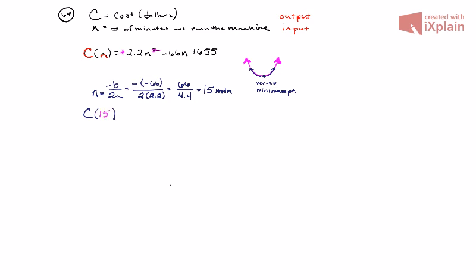I'm going to plug a 15 in for my input variable of N. So that's going to be equal to 2.2 times 15 squared minus 66 times 15 plus 655. And by doing this, we're going to find out the cost, how much we're going to have to spend in order to run this machine for 15 minutes.